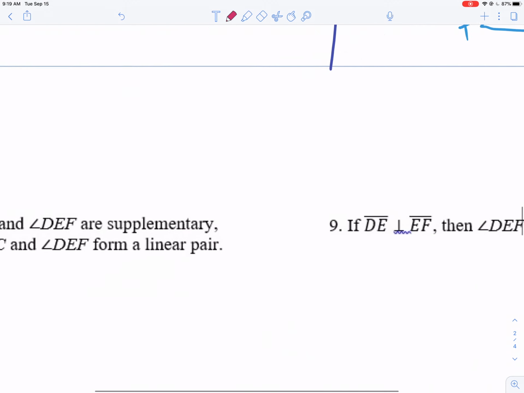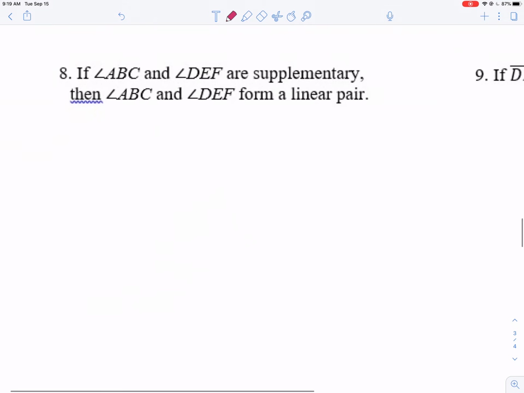All right, last two. Here we go. If angle ABC and angle DEF are supplementary, so we got that word again, supplementary, right? So it means they're going to add to 180. Then ABC and DEF form a linear pair. Okay?